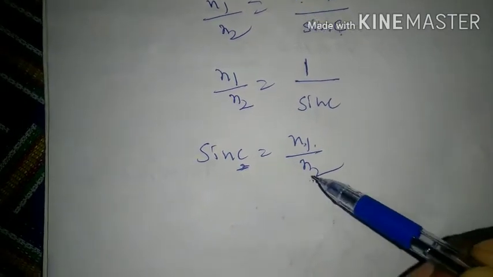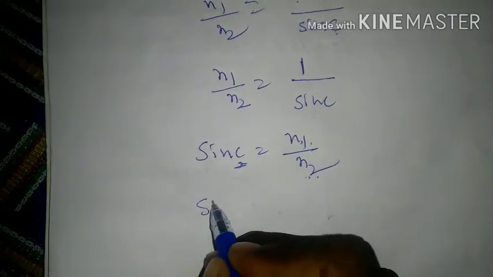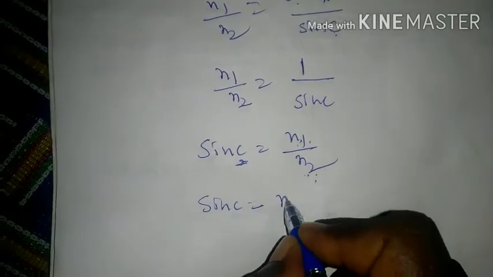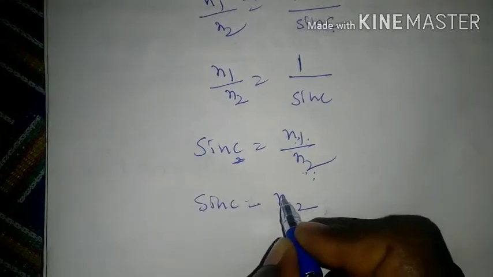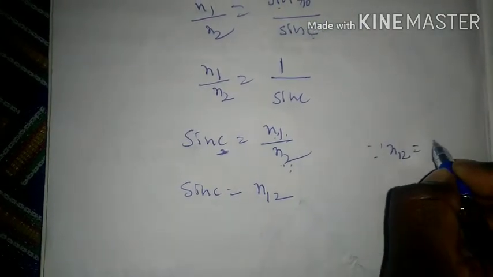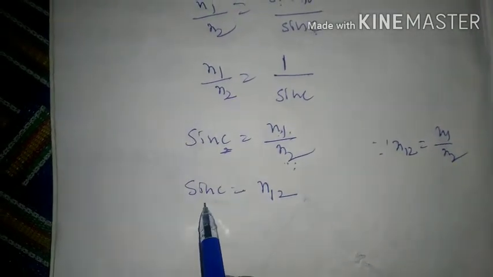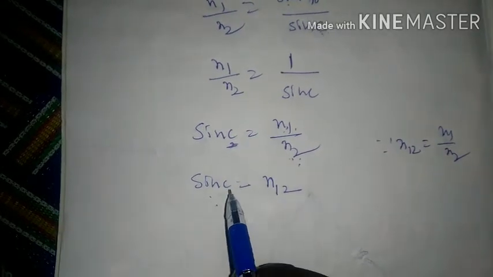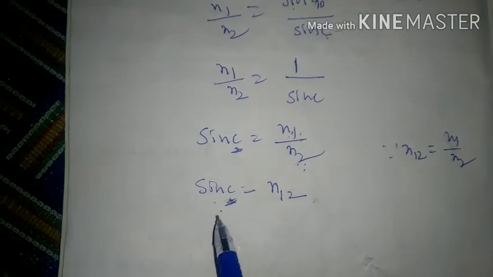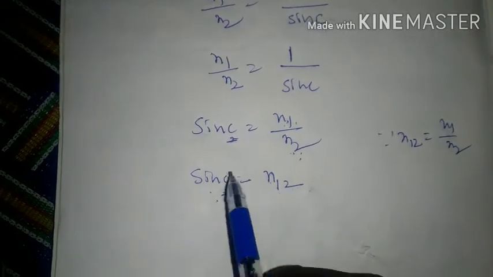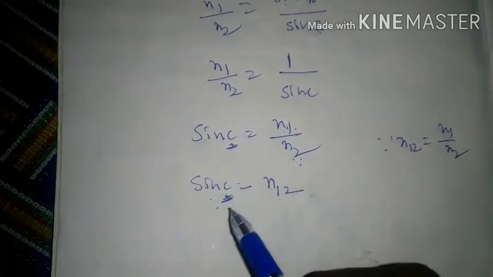Write n12, since n12 is equal to n1 by n2. This is the expression for the critical angle, where C is the critical angle and n12 is the refractive index. The derivation is completed.